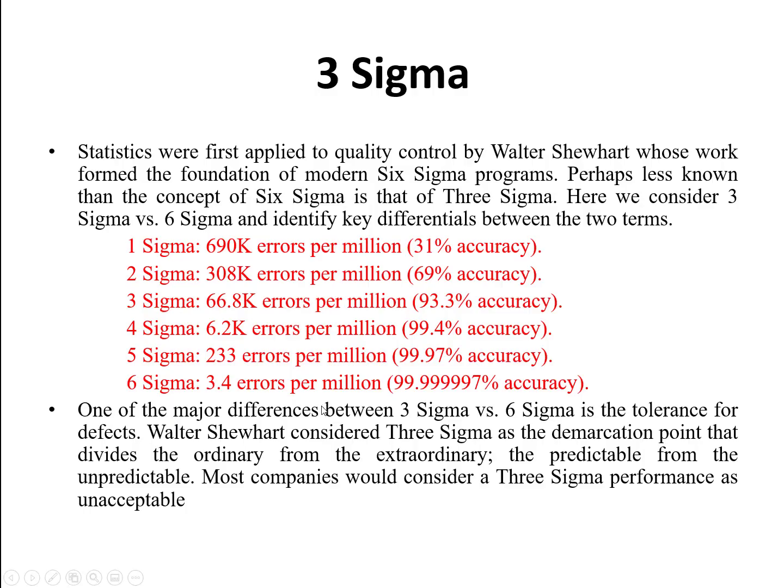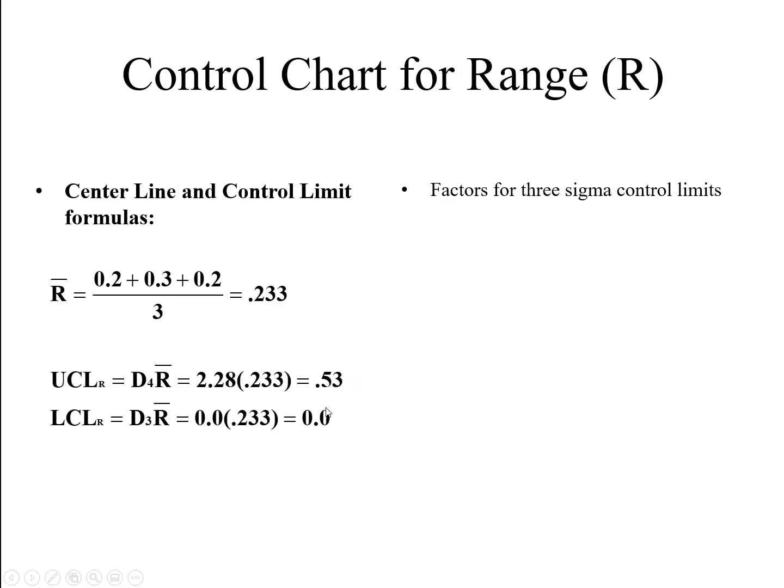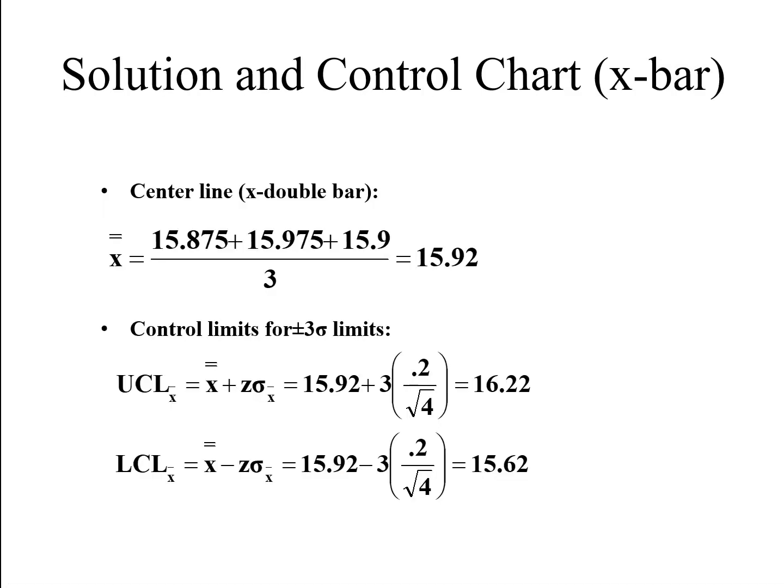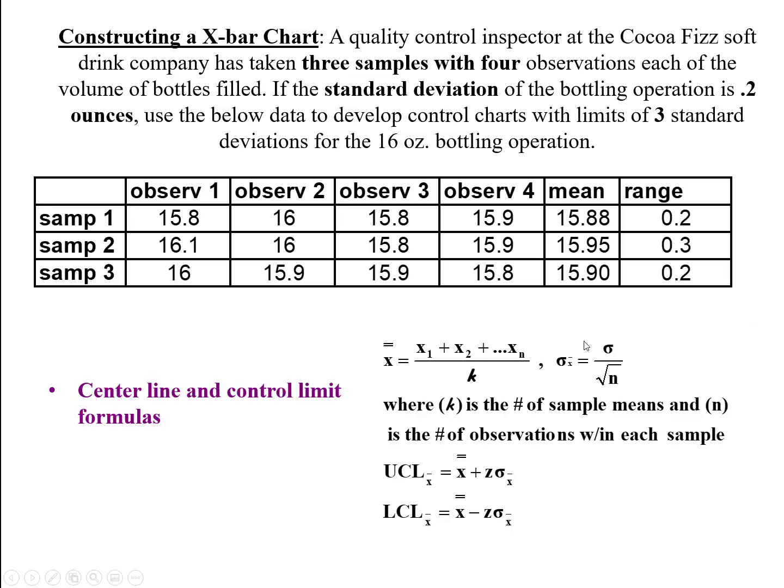Now in order to check, you need to decide if all these points, which we have already sketched, fall within the limits. Let me show you. You can see the central line, which is 15.92, the upper control limit is 16.22, and the lower control limit is 15.62.